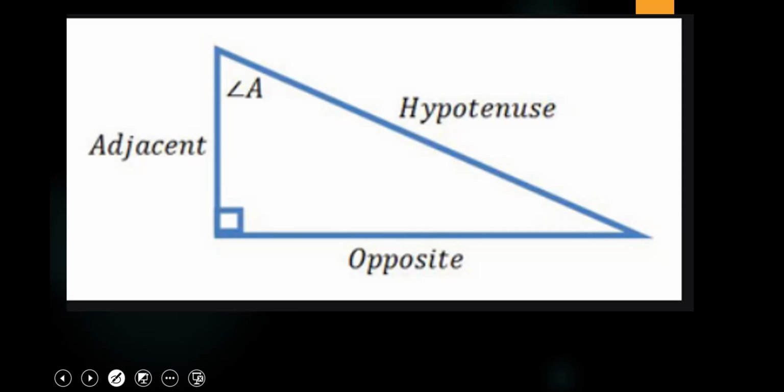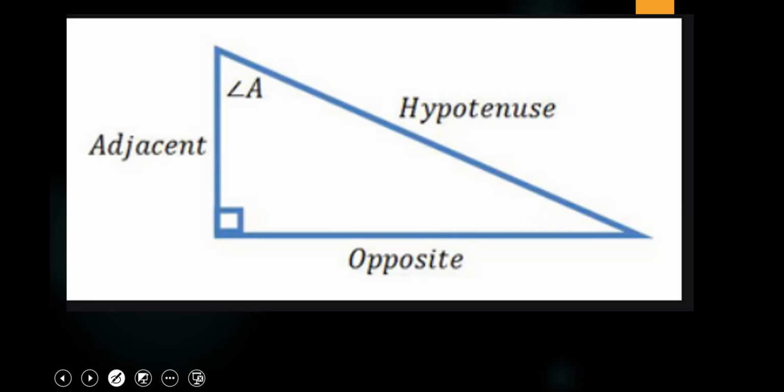We will not say leg and leg. Here we have to name the legs, and they have to be named according to the angle. What does it mean? Here we have the hypotenuse. It will not be changed. In any type of right triangle, the longest side is the hypotenuse.